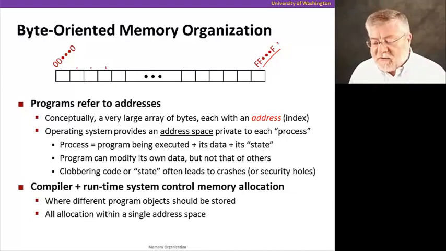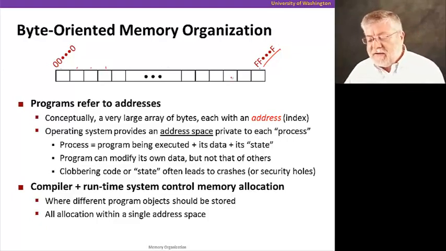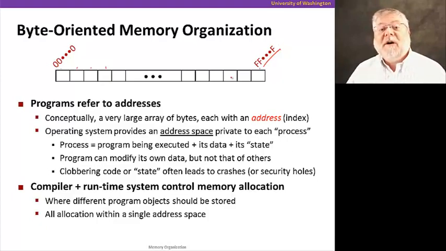Where those numbers go in these little bytes in memory, these locations, is dependent on the compiler and the runtime system of our machine. It will decide where the various numbers are stored and allocates them by finding a place for them in that memory.